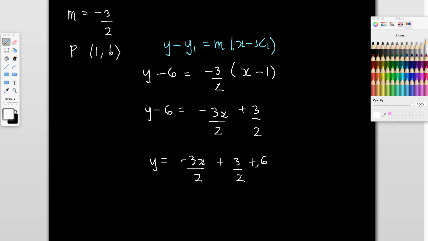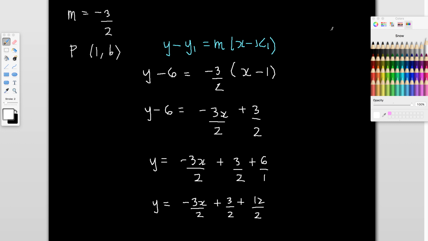So that's going to be 15 over 2, but the other way to look at it is 6 is 12 over 2. So multiply top and bottom, remember, this is over 1, top and bottom by 2. And then add it together.